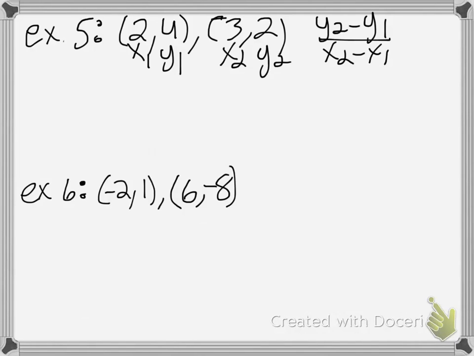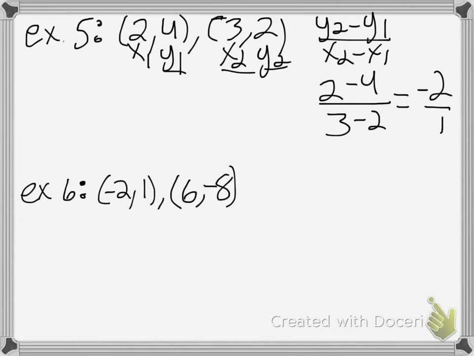My y sub 2 is 2 minus 4 over x sub 2, which is 3 minus 2. 2 minus 4 is negative 2. 3 minus 2 is 1. So we know our slope is negative 2.